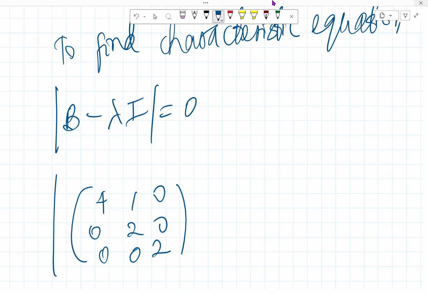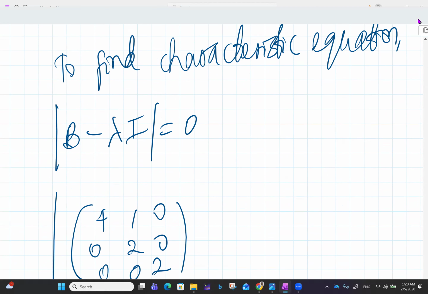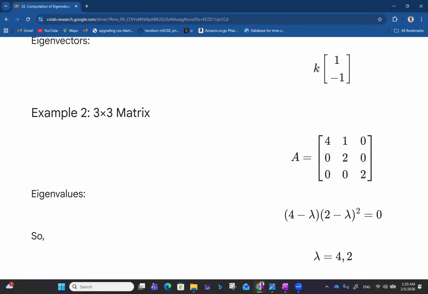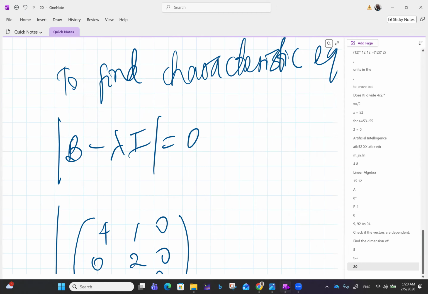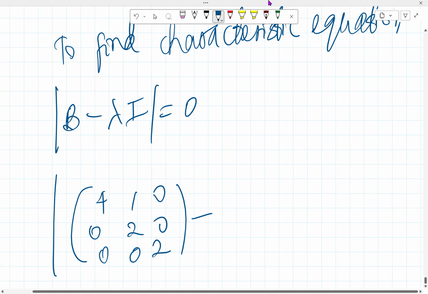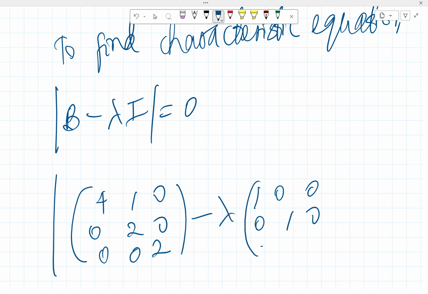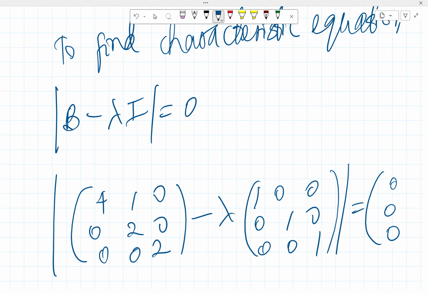I hope that is what the matrix is, I want to be sure of that. Okay, that makes sense. Then we have minus lambda I. We don't know what lambda is. This is a 3 by 3 matrix, so we have 1 0 0, 0 1 0, 0 0 1, and this is equal to 0 0 0.